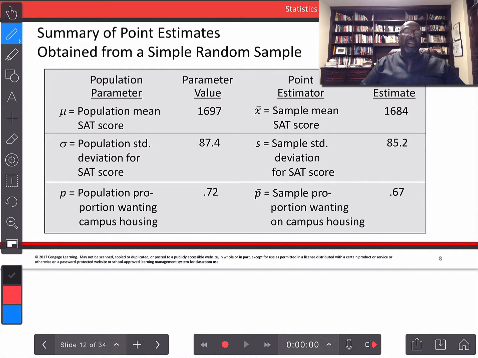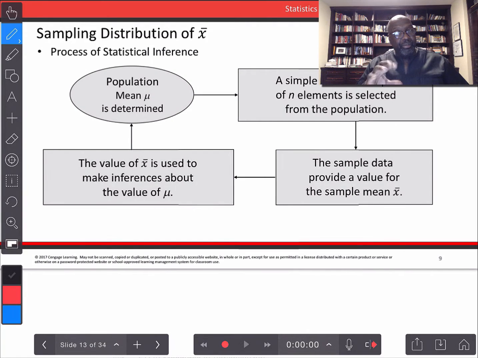So you could see 1684 is a pretty good estimate of 1697. 85.2 is a pretty good estimate of 87.4. And 0.67 is not that far off from 0.72. So point estimates versus population parameter. If we get a good sample, we would typically get fairly good results.